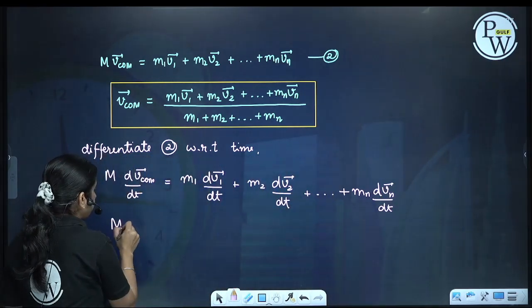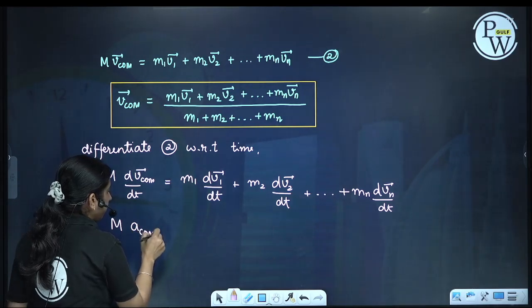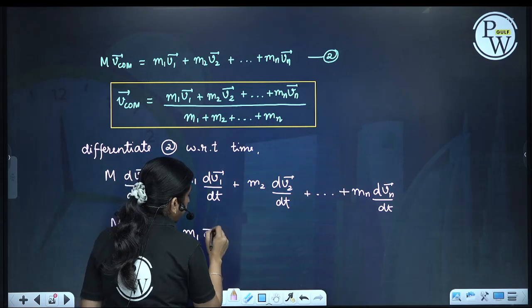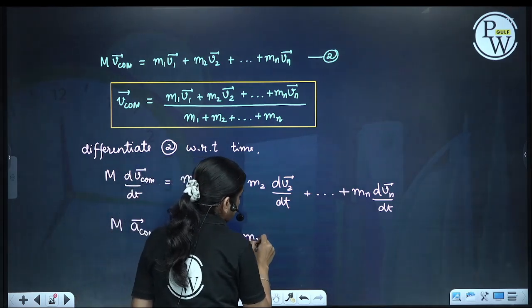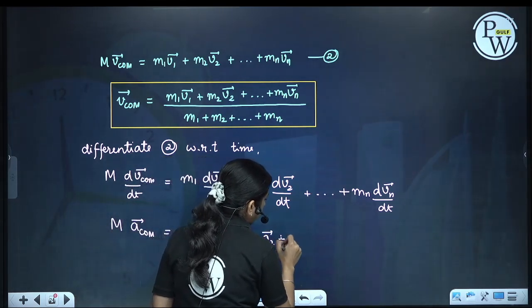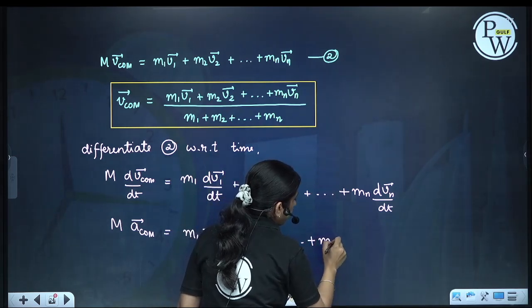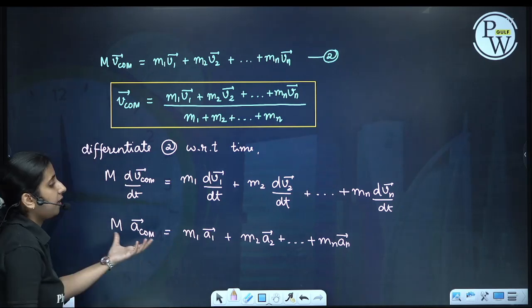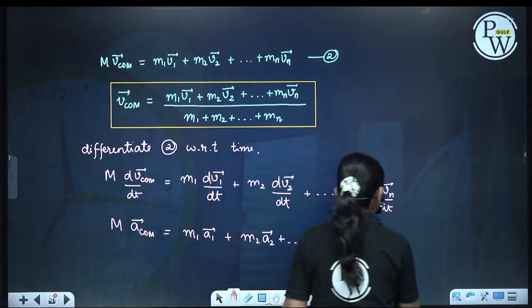This is m into acom, acceleration of center of mass, is equal to m1a1 plus m2a2 up till so on plus mn an. This will be our equation number 3.